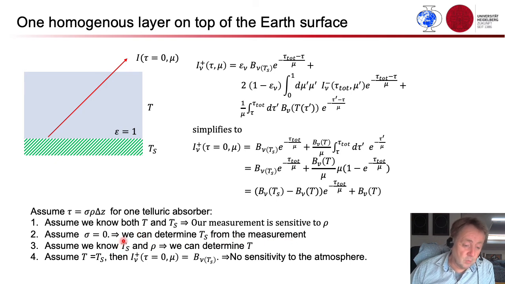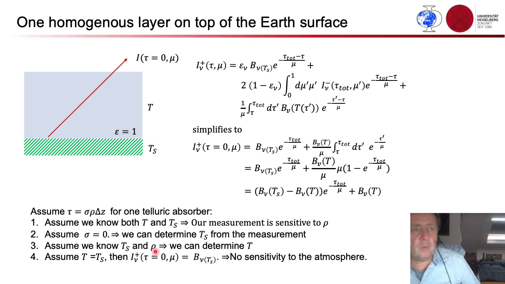In the third case, assume that we know the surface temperature and the density. For example, we know relatively well how much CO2 is in the atmosphere. So we look at the telluric absorption of CO2, the 15 micrometer band we have just seen, and we know the surface temperature. Then we can use that absorption band to derive the temperature in the atmosphere.